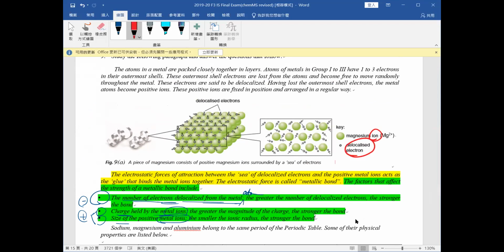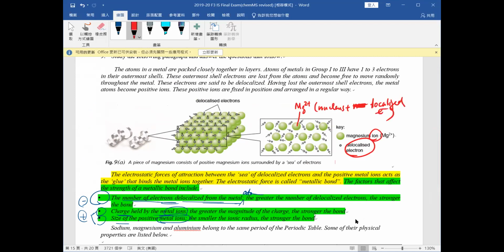So even though you talk about positive, negative, it's different. So this so-called positive is Mg2+, including nucleus, and those non-valence electrons, and also those localized electrons. Can you get my point?